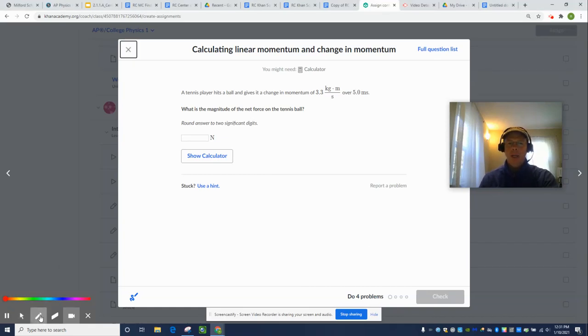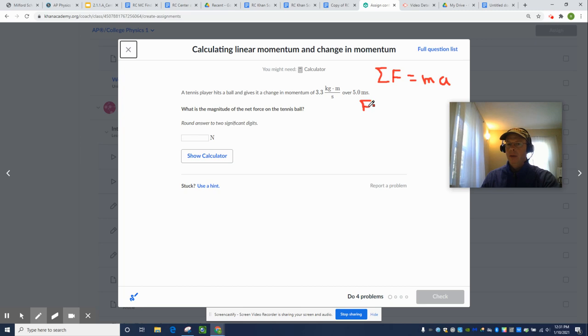I'd like to do a Khan Academy problem from this set called Calculating Linear Momentum and Change in Momentum. So I'm going to bring up an old equation, Newton's second law. The net force equals the mass times the acceleration. And the trick is you just define what acceleration is. Well, it's the rate of change of velocity.